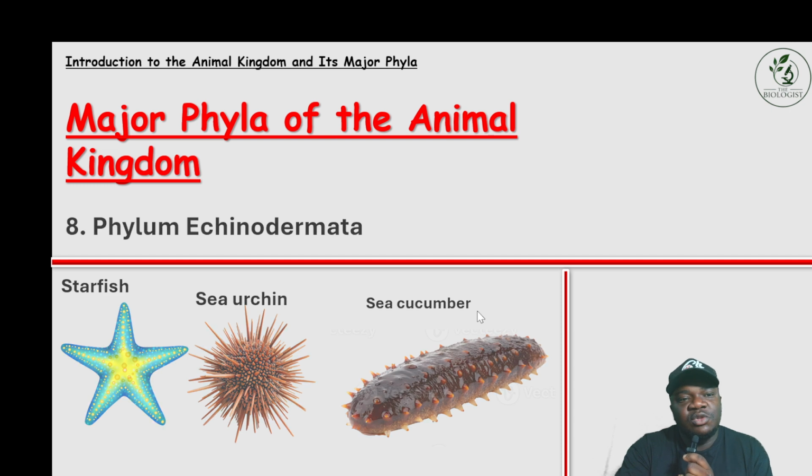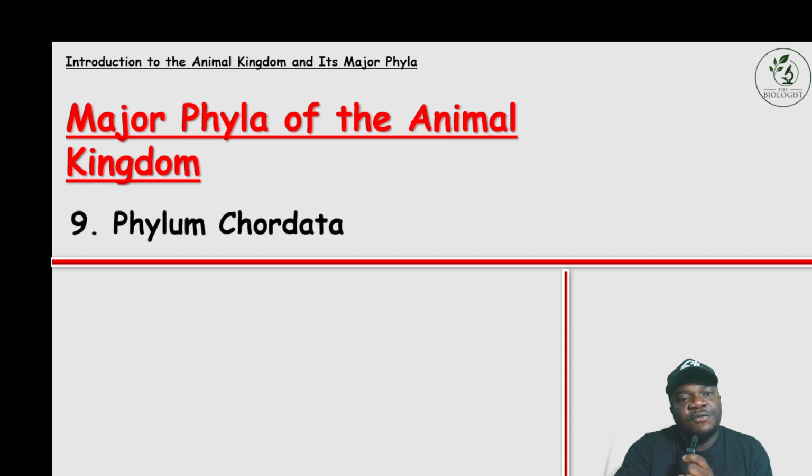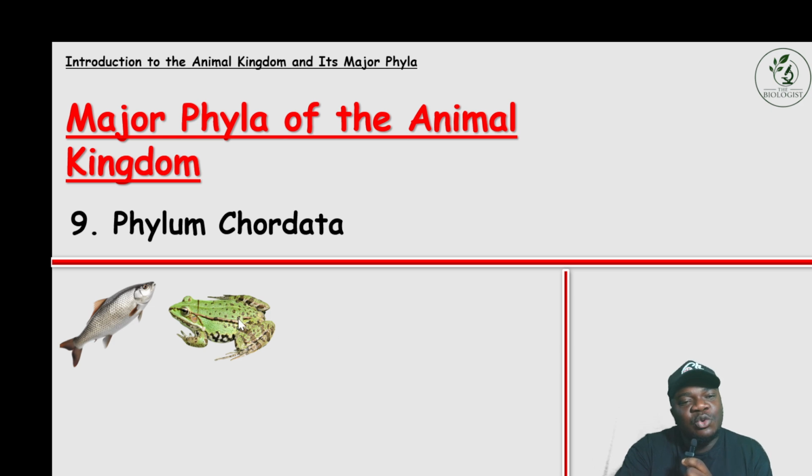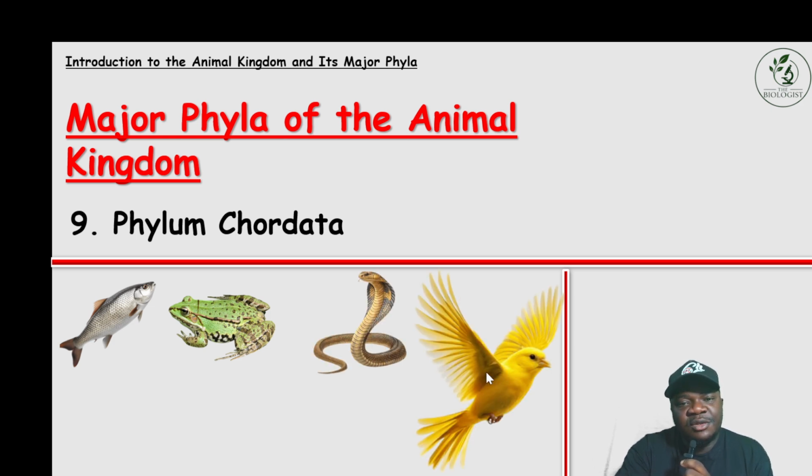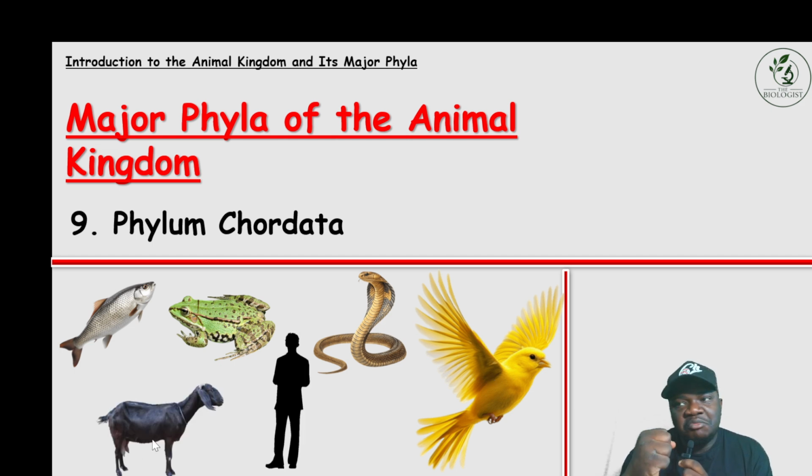Then the next one is phylum Chordata. This is where the main bosses are, where your real higher animals are. You have fish, toads, snakes, birds, goats, and man, and we are the bosses.